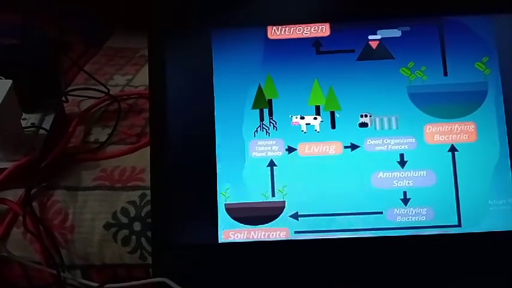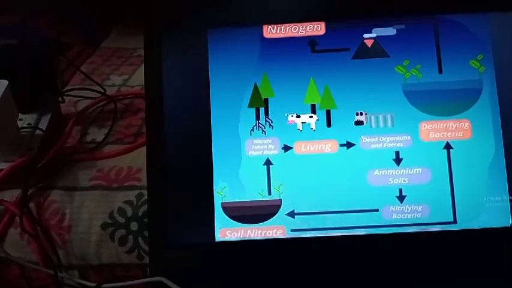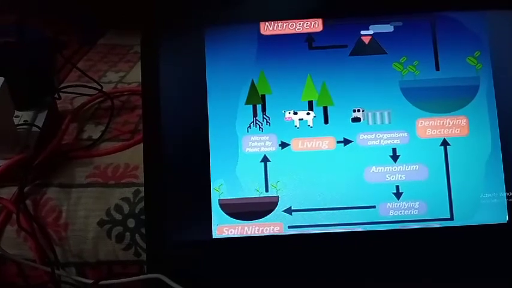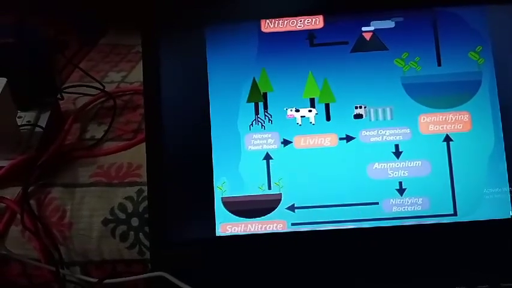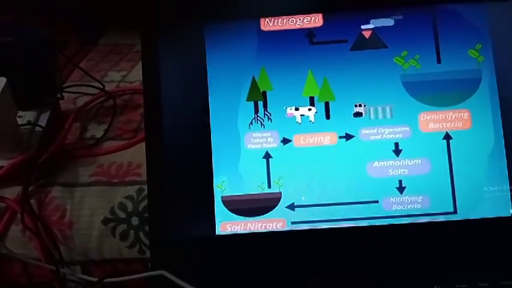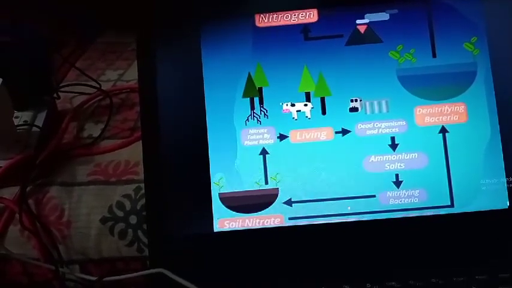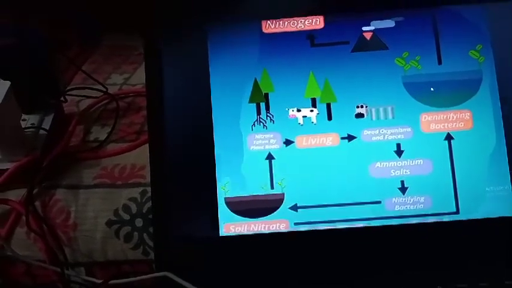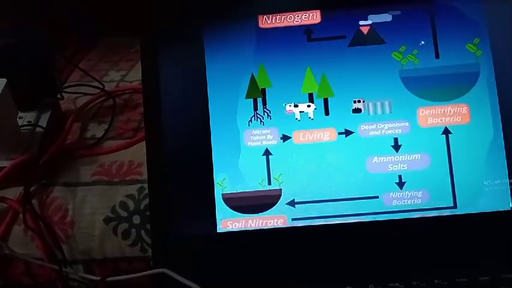Then we learned that when the animals excrete or the plants and animals die, they form nitrogenous waste. This nitrogenous waste is converted into ammonia by decomposing bacteria, and nitrogen gas is also released from this nitrogenous waste by denitrifying bacteria.